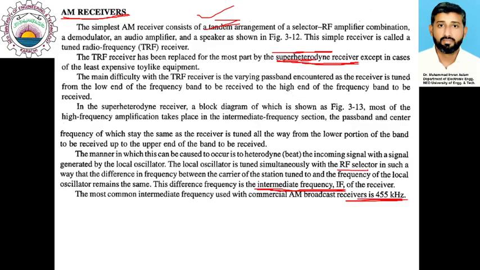The basic RF signal which is collected by the antenna is first converted into an intermediate frequency stage, and after the intermediate frequency stage it is again demodulated to recover the message signal.